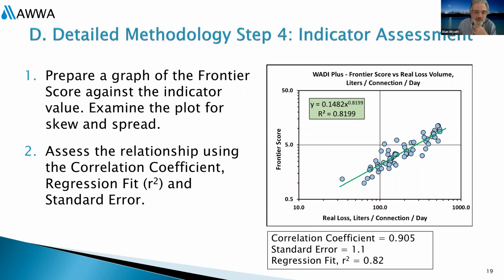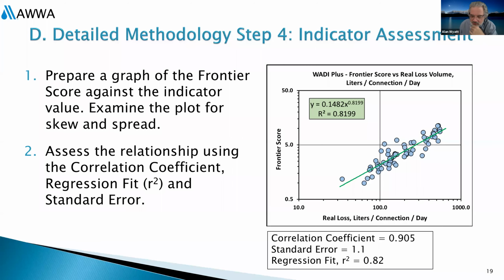Now, step 4 is to take that frontier score, which we believe is an accurate depiction of efficiency, and plot it against different indicators and judge the degree of fit of the correlation or regression between any indicator and this frontier score. So here you have unit real loss in liters per connection per day.